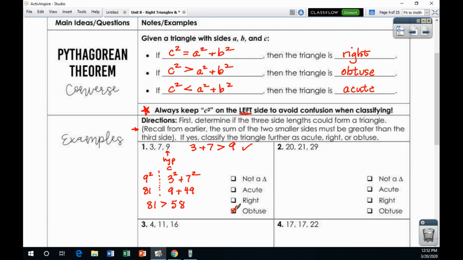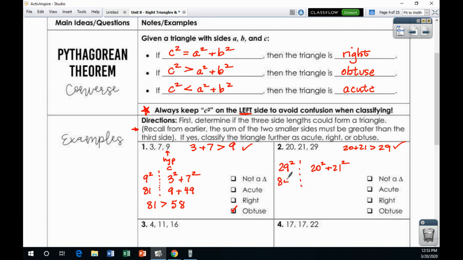Let's try another one. Look at number 2. First, we want to ask ourselves, does this make a triangle? 20 plus 21 is definitely going to be bigger than 29, so yes, this does make a triangle. The hypotenuse is 29, so we're going to say 29 squared, and over here, 20 squared plus 21 squared, and see which one is larger.